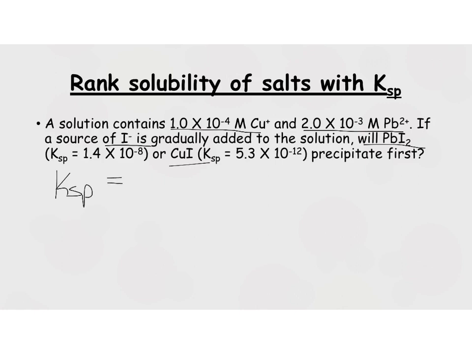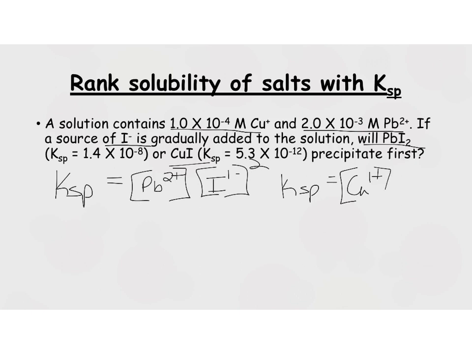All right, so I'm just going to write the KSPs for these. So we've got Pb2 plus, I minus squared, and then we've got the KSP for copper 1 iodide. We're just setting these equal.